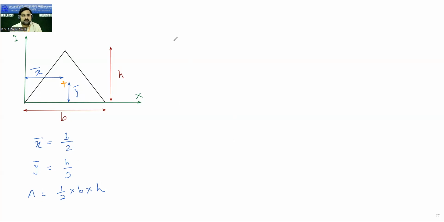So I will write here semicircle. In the semicircle, you should remember one important point: the CG of the semicircle is at a distance of 4r upon 3 pi from the base.